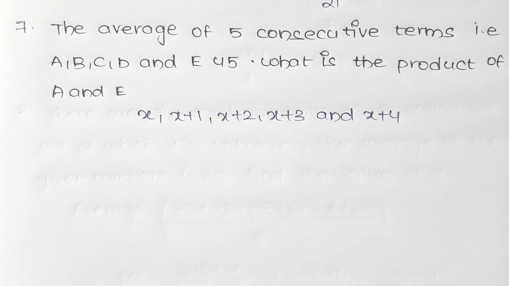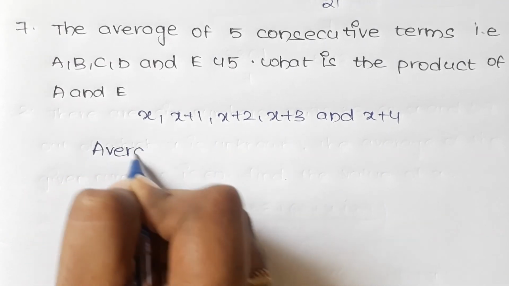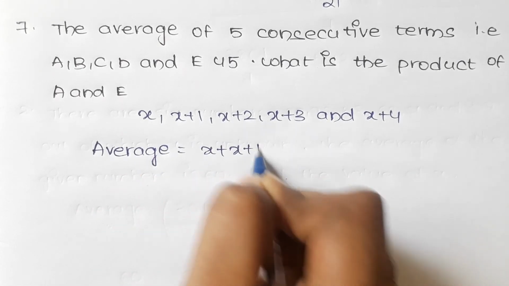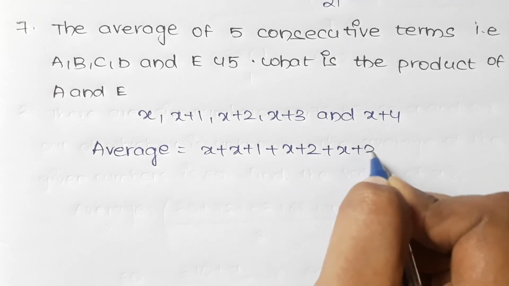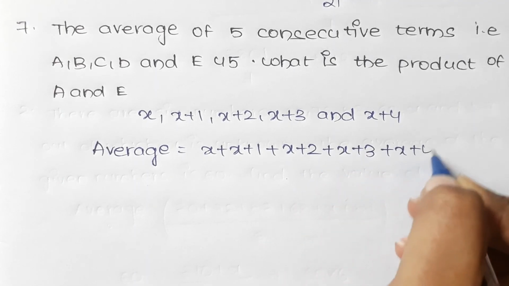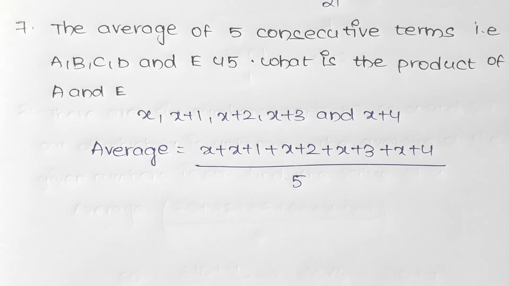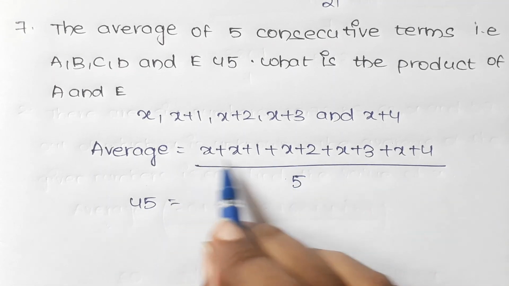And now let us find the average for this, that is average equals x plus 1 plus x plus 2 plus x plus 3 plus x plus 4, divided by 5. Here the average is already given, that is 45, and now let us add all these.